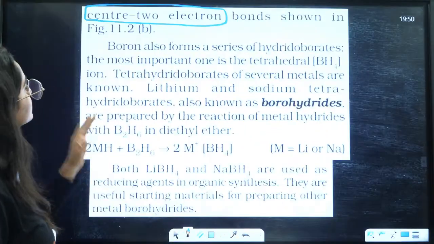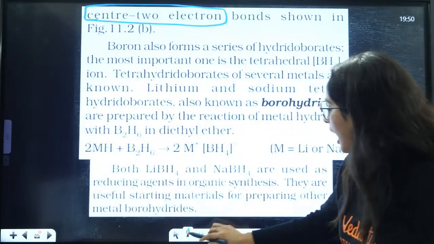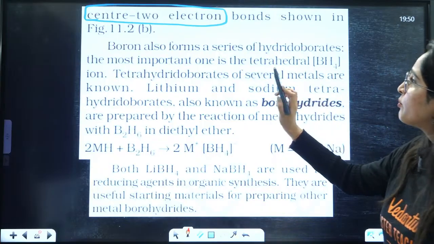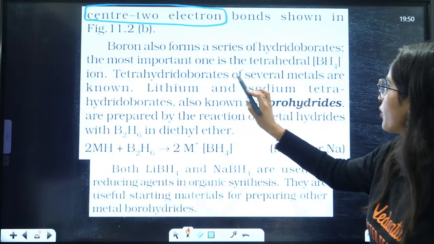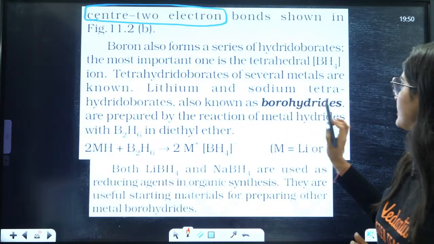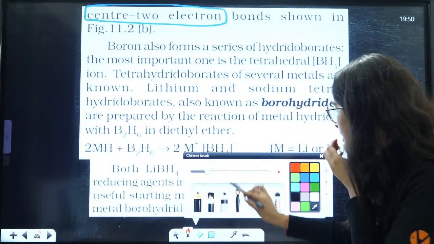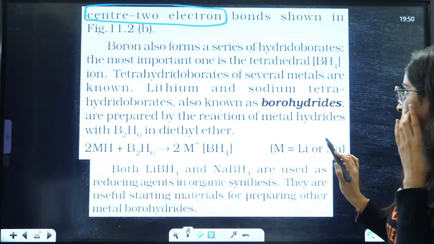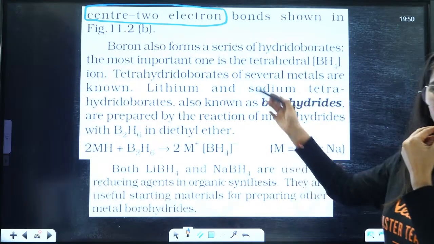Boron also forms a series of hydridoborates. The most important one is the tetrahedral BH4 negative. Tetrahydroborates of several metals are known. Lithium and sodium tetrahydroborates are also known as boron hydrides, prepared by the reaction of metals. Not very important, but you can just go through that.